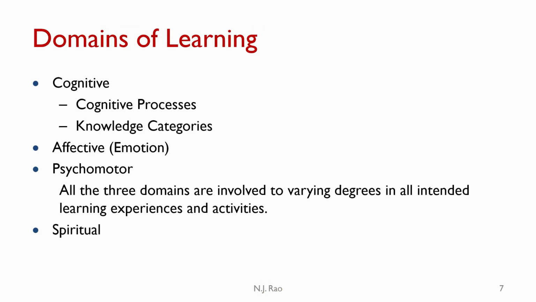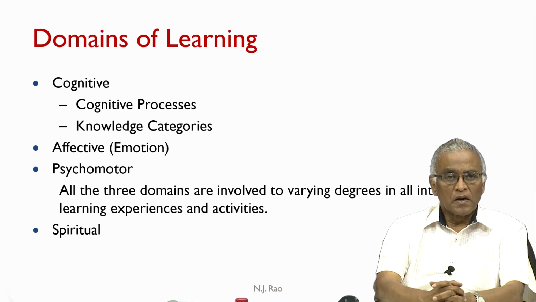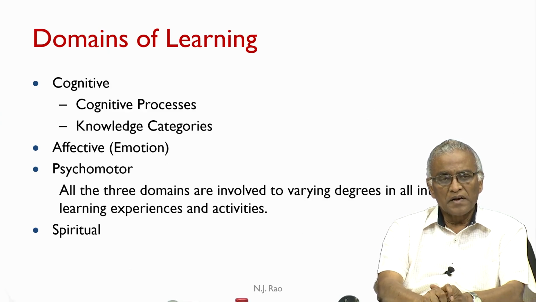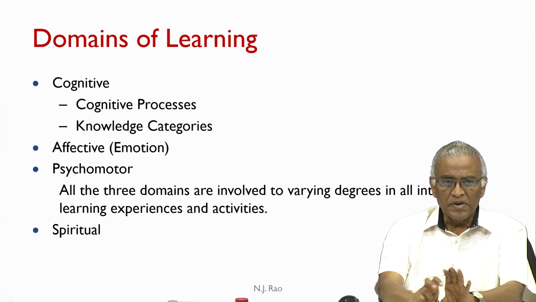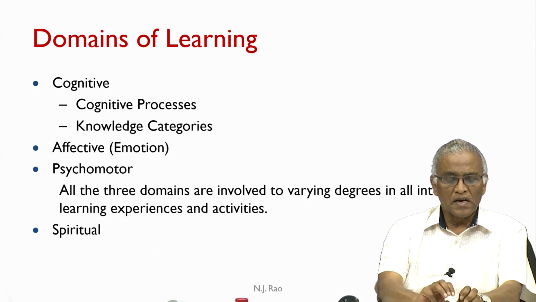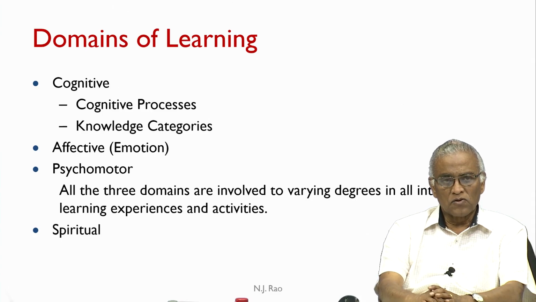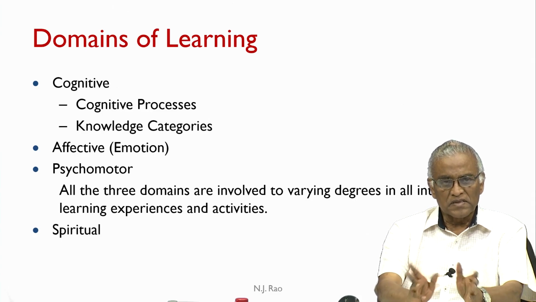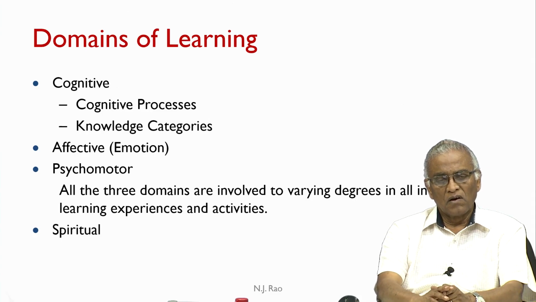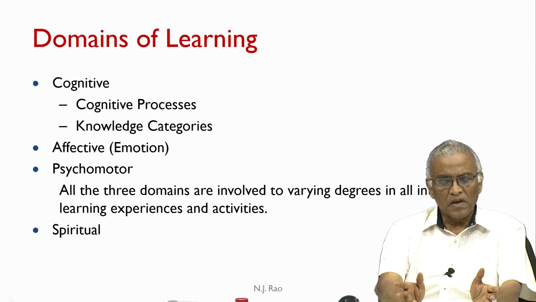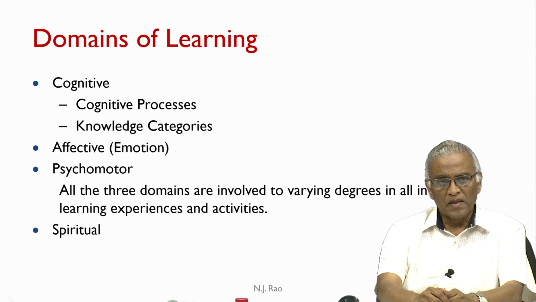Now, summarizing the domains of learning, you have the cognitive domain, and it was quickly realized that the cognitive domain has two dimensions. One is called cognitive processes and the other is called knowledge categories. You perform a cognitive activity, that is the cognitive process. One simple cognitive activity is remembering.